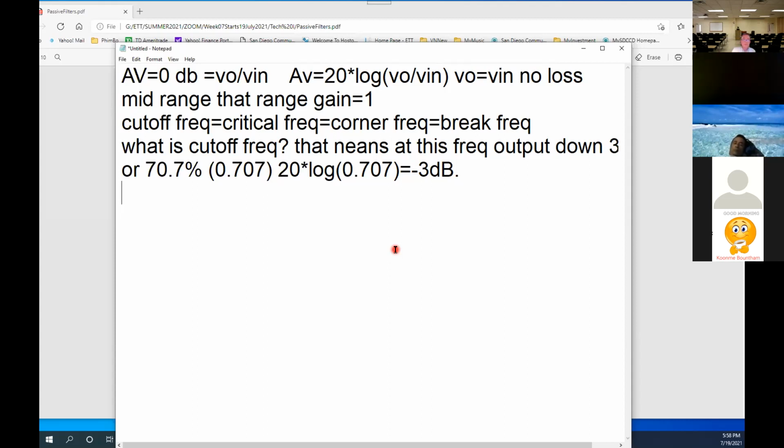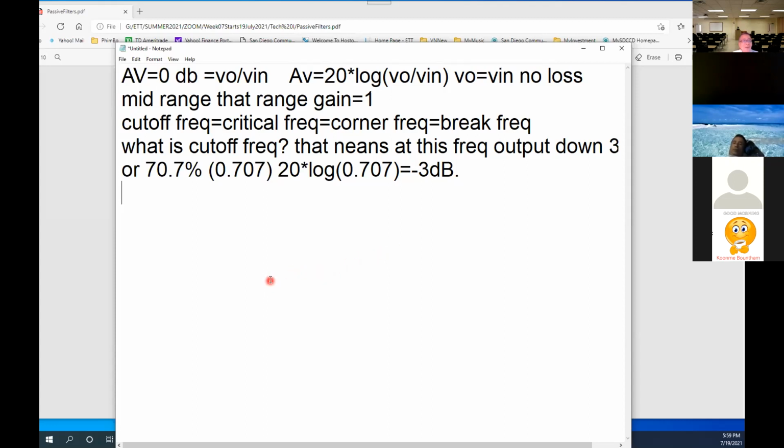However, by the way, for the power at the cutoff, the same thing will be going down. How much do they go down? One half. One half.